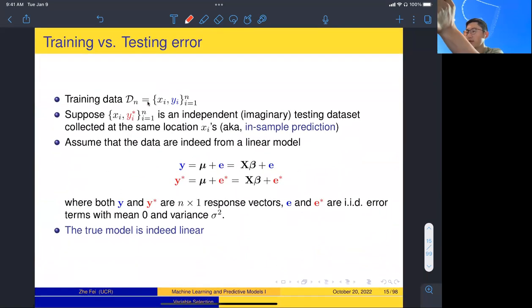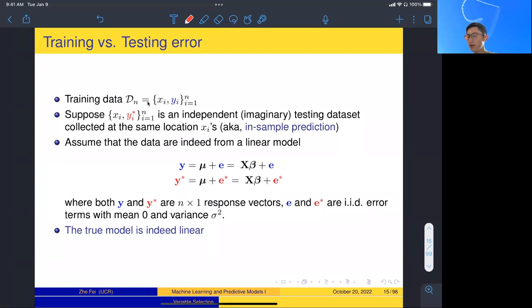To move on, before we introduce subset selection or variable selection, we also want to formalize the training versus testing error. We have seen this comparison in the previous plots when we plot the training error versus testing error.